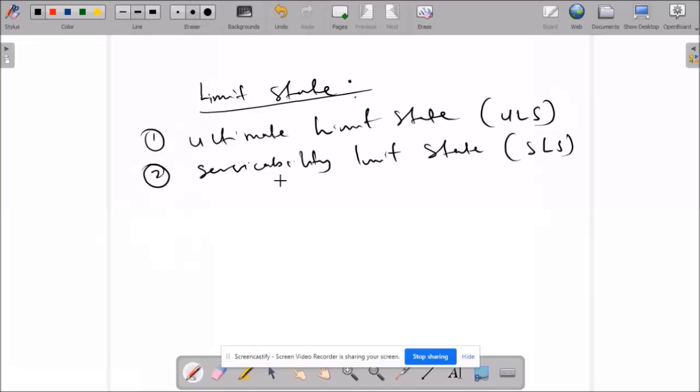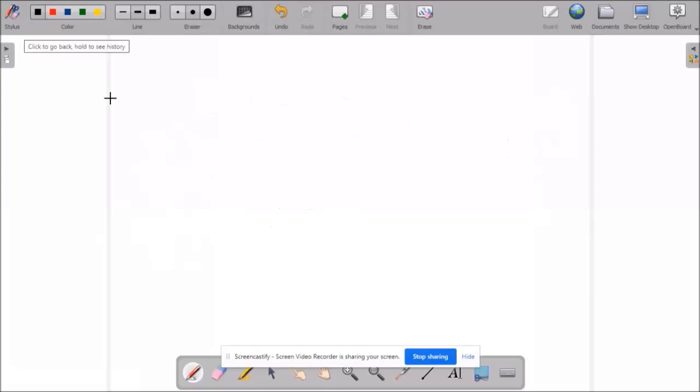So any design process involves a number of assumptions. One, the loads to which the structure will be subjected must be estimated.